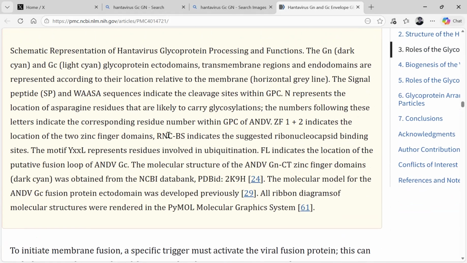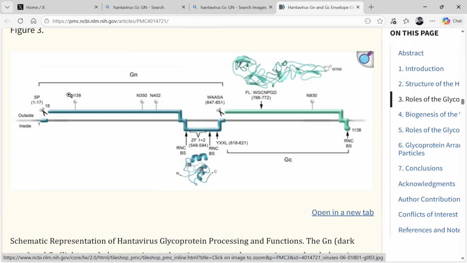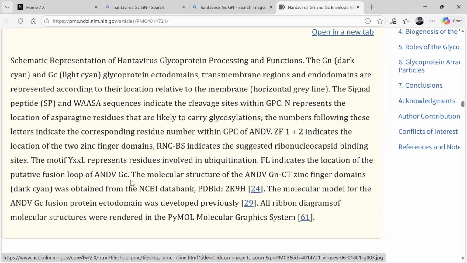Now, the numbers that follow these letters indicate the corresponding residue number within the GPC of the Andes virus. All right, that's the human-to-human transmission. So these are the areas of concern for glycosylation for the Andes virus.